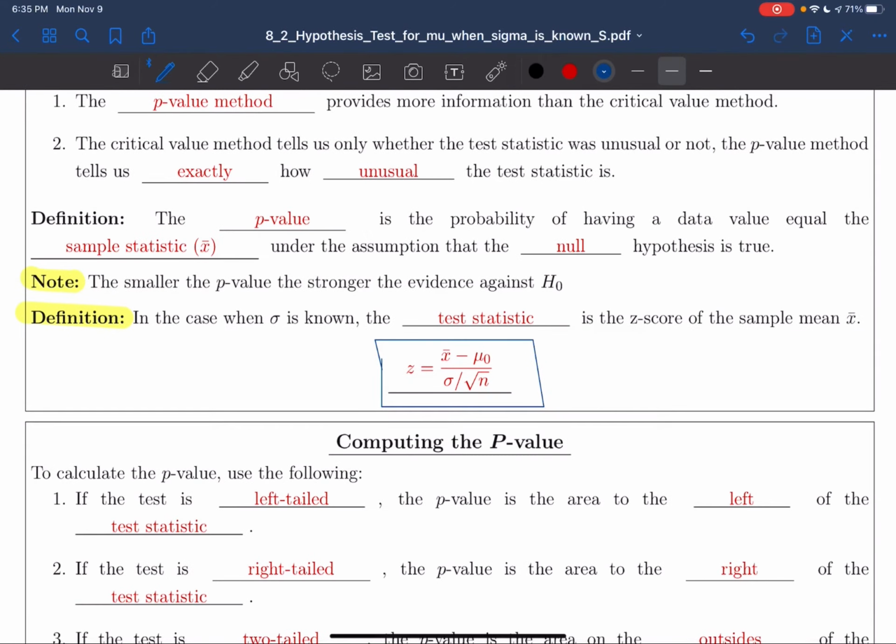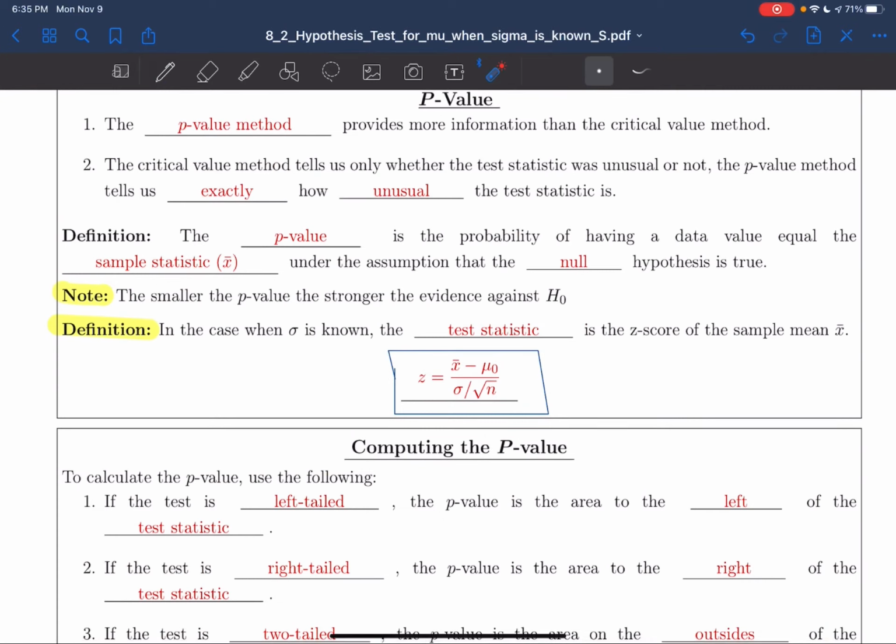You're probably asking yourself, how do we actually compute these p-values? Well, since p-values are probabilities, and we have a z-value here, which is our test statistic, do we know how to find probabilities using z-values? We do. We actually have experience dealing with this.